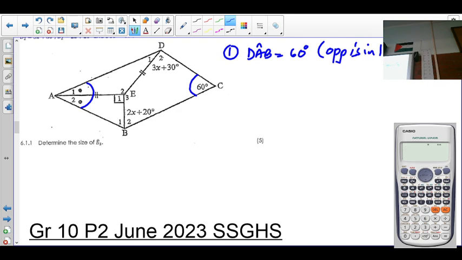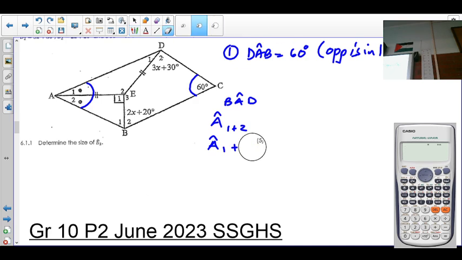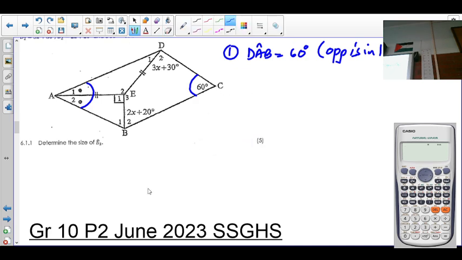Oh yes, we could have named that also BAD instead of DAB. We could have said angle A1 and A2, or angle A1 plus angle A2. All of that is an acceptable representation of that angle in question. You guys understand? So this is now 60 degrees.